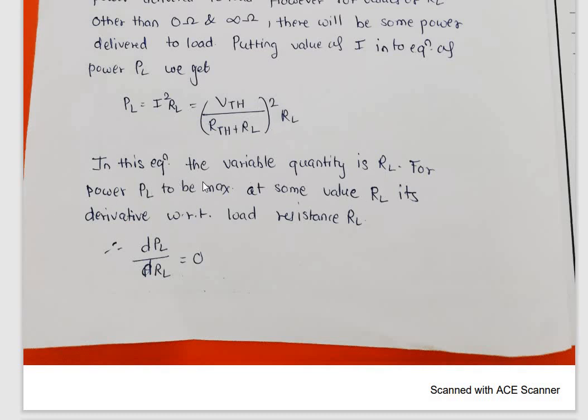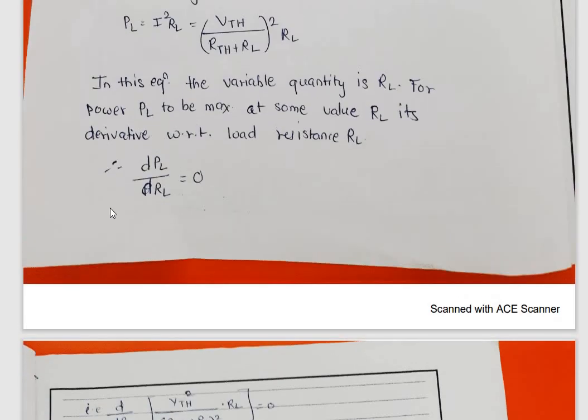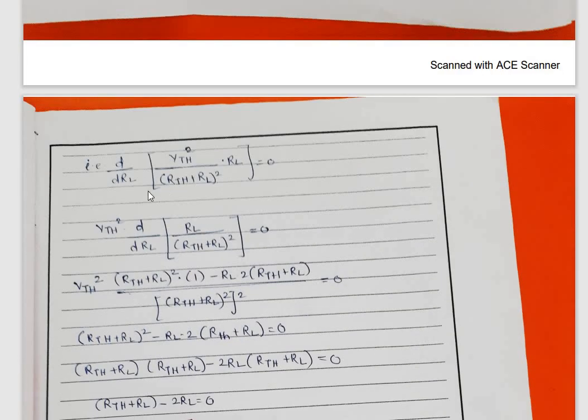For power PL to be maximum with respect to RL, its first derivative with respect to load resistance must become 0. So the condition for maximum power transfer is that this first derivative must be 0. This is a very important assumption in the whole derivation.